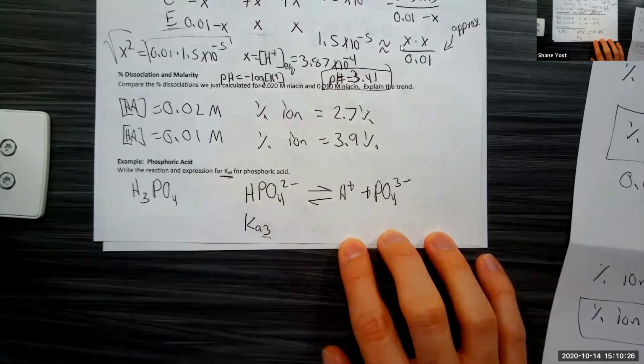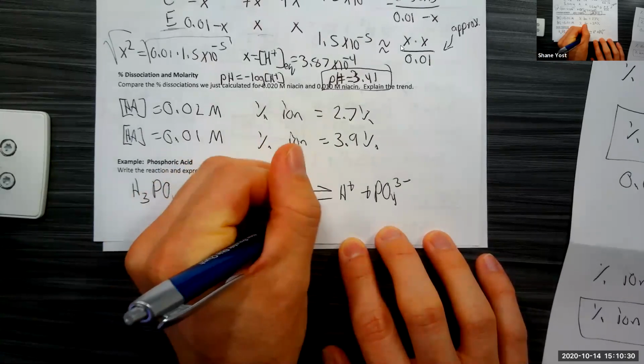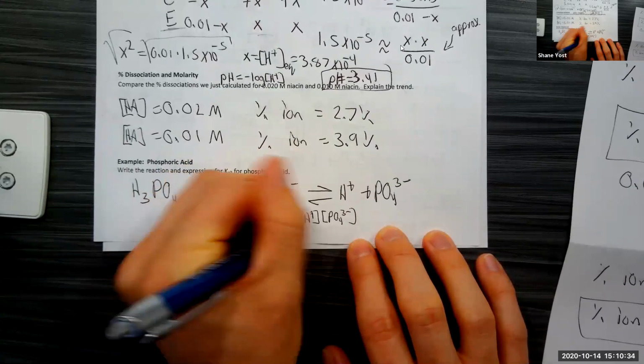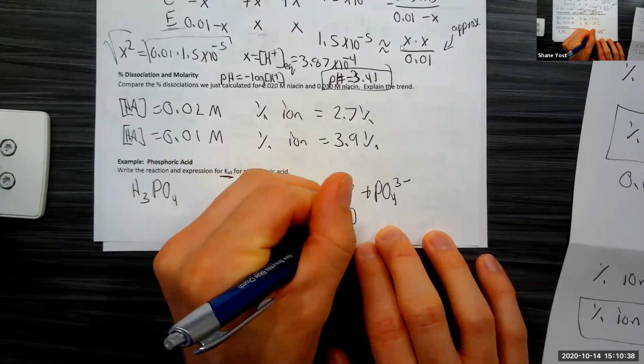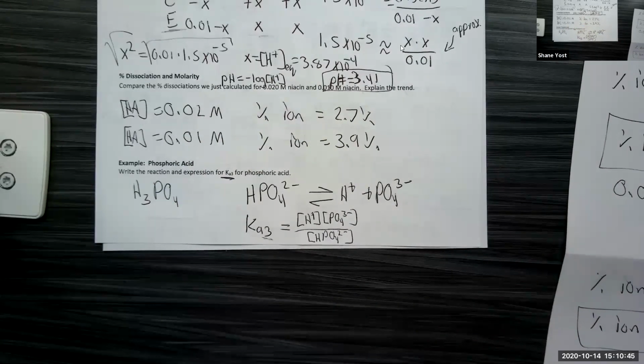This equilibrium constant is the concentration of H plus times the concentration of PO4 3 minus divided by the concentration of HPO4 2 minus. So that is the acid dissociation equilibrium constant for the third proton donated from the polyprotic acid that is phosphoric acid.